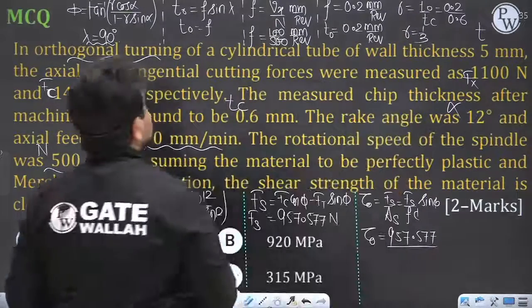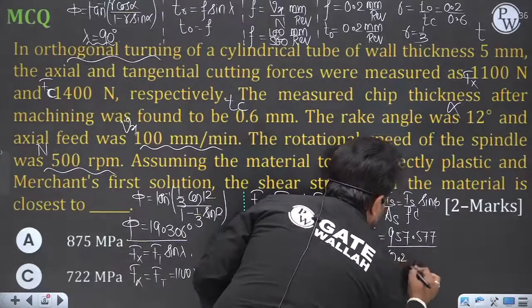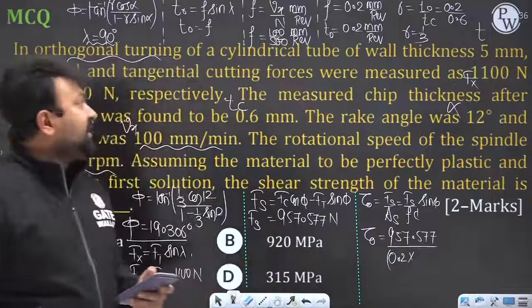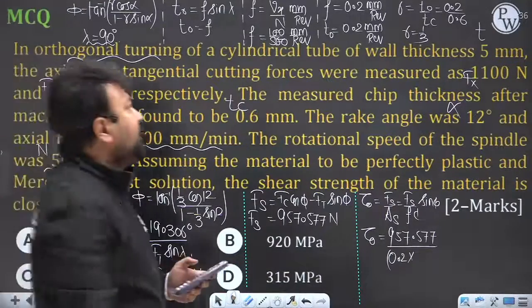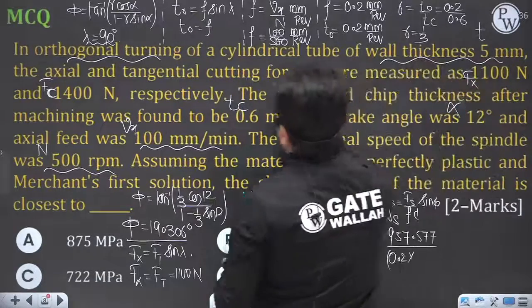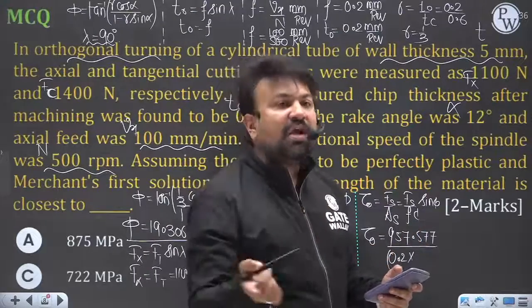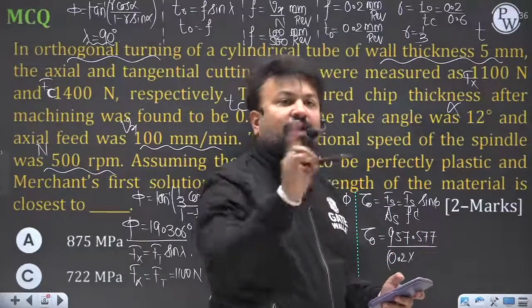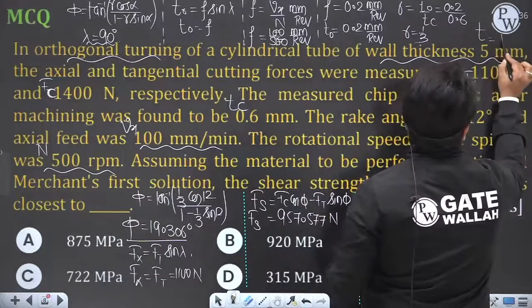Speed is given to us, that is 0.2. Right. Now what will be the depth of cut, my dear? Here the thickness of the wall is given. Always remember, whenever he is talking about turning of tube whose wall thickness is given, that wall thickness becomes the depth of cut, that is t.